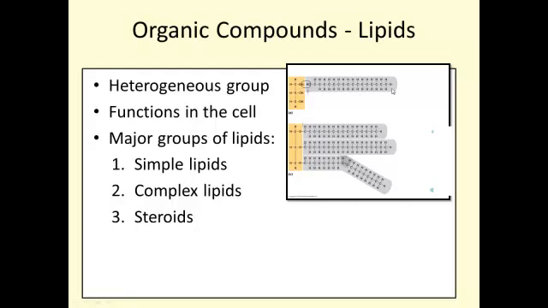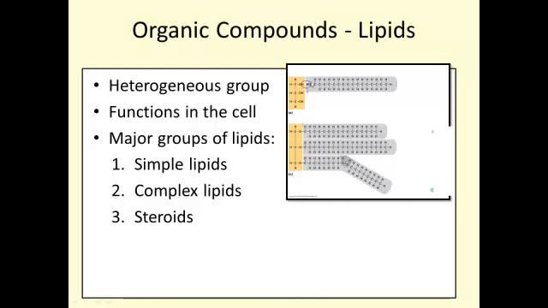Now this is a good opportunity to discuss the idea of being amphipathic. That's where a molecule has two different characteristics on both ends. Okay, so a fatty acid is hydrophilic on the acidic end, hydrophobic on the rest of it. This becomes important later when we talk about cell membranes.